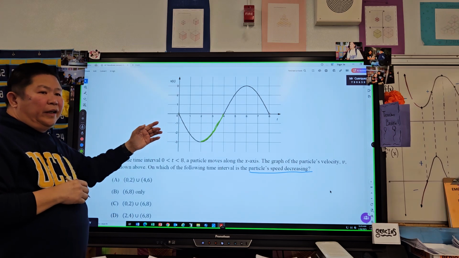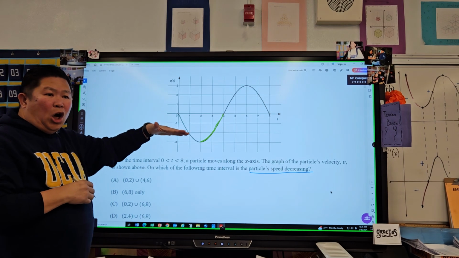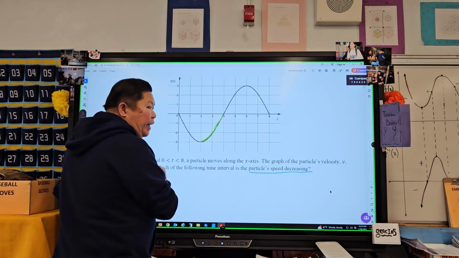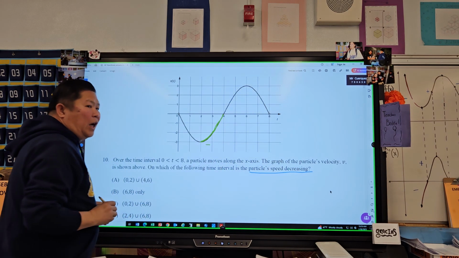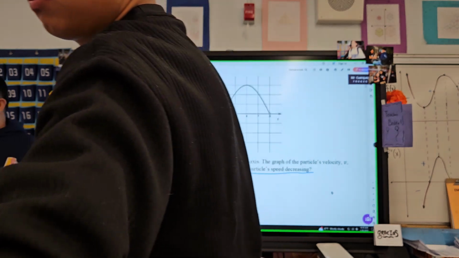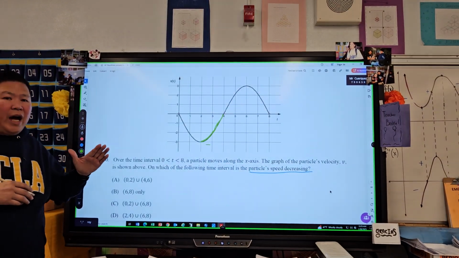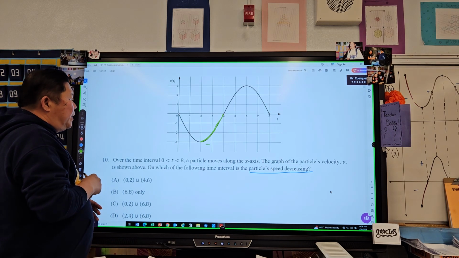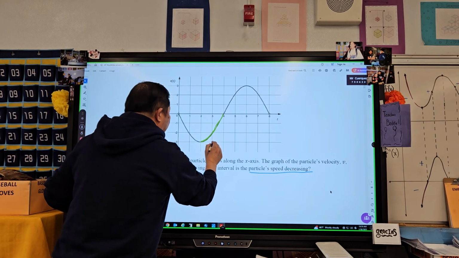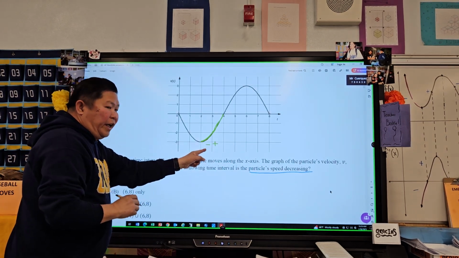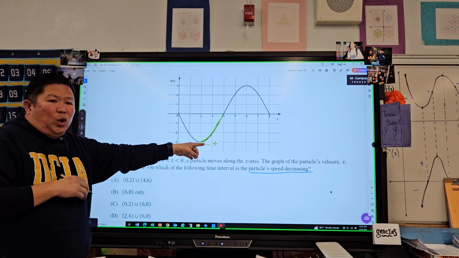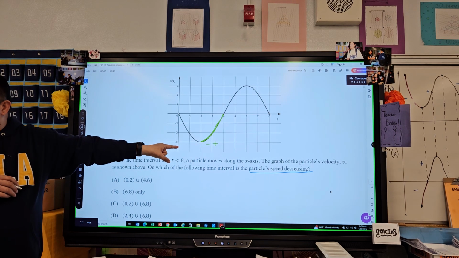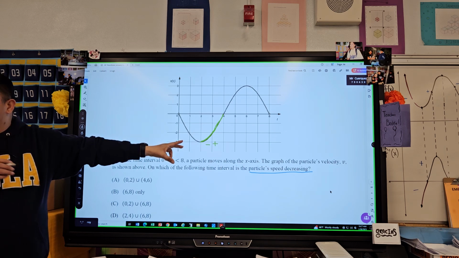The velocity is negative, below. That means if it is below the x-axis, the velocity is negative. How about the acceleration? Is the acceleration going up or down? Up, so it's gonna be positive. So is this decreasing speed or increasing speed? Decreasing. Why? The signs are different, right?